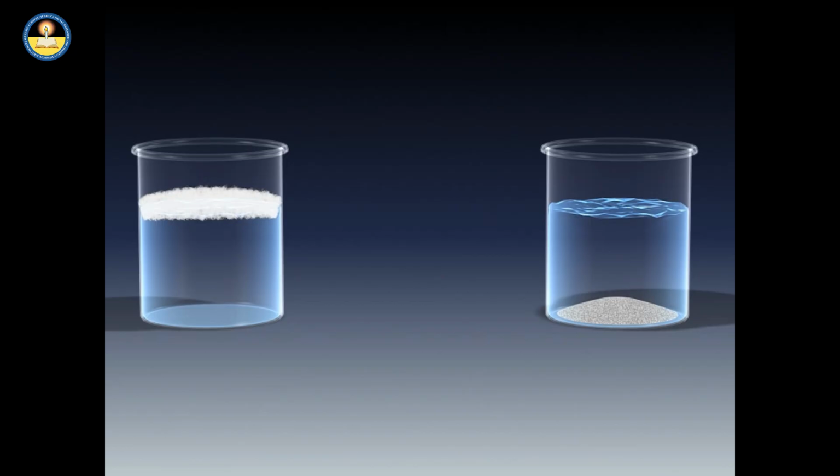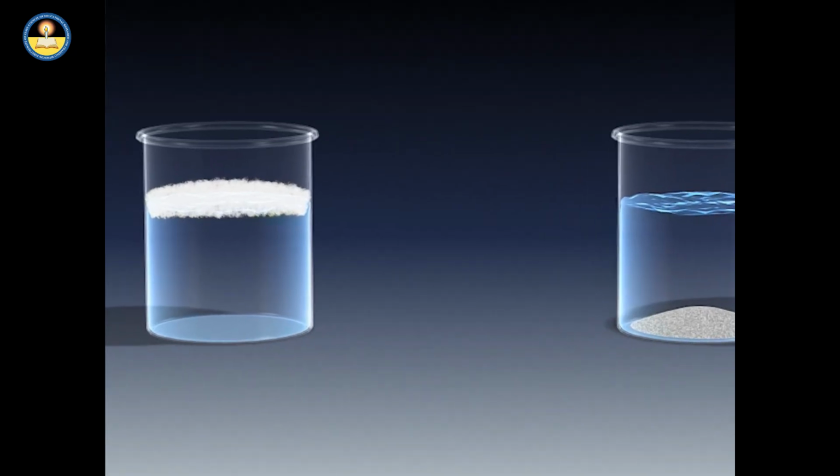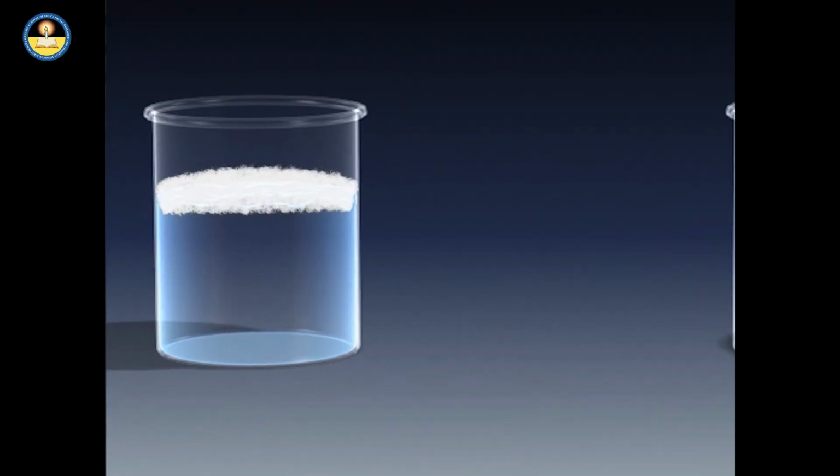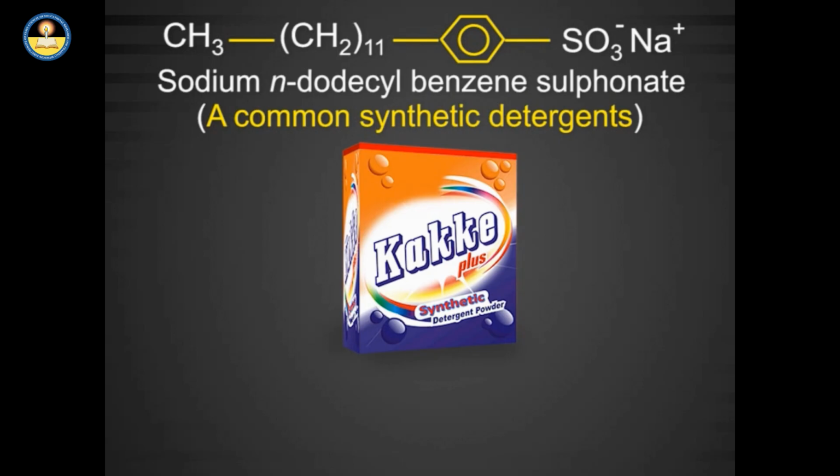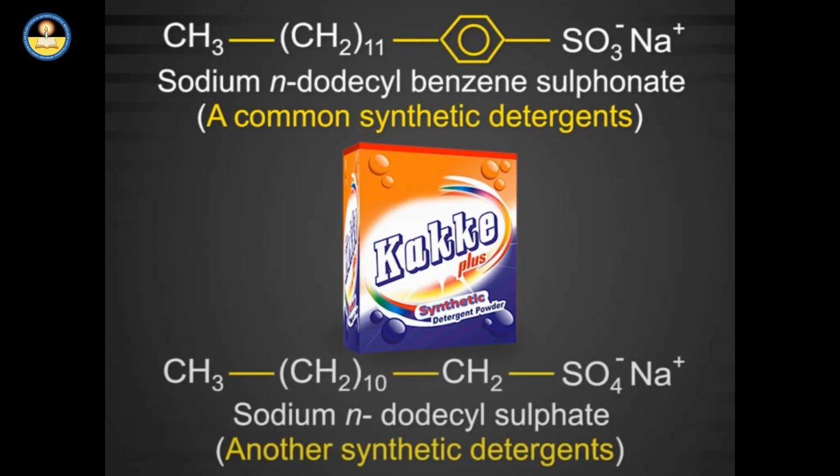In spite of this, the detergents have all the properties of soap. Synthetic detergents have long-chain molecules such as sodium N-dodecyl benzene sulfonate and sodium N-dodecyl sulfate. The chemical structure of these molecules is as shown on screen.